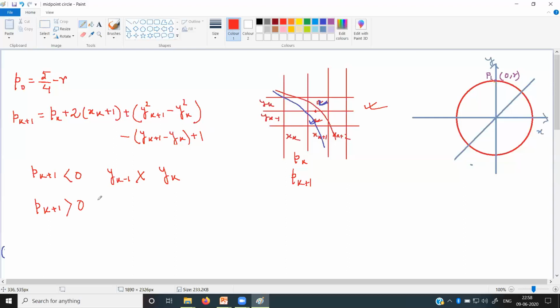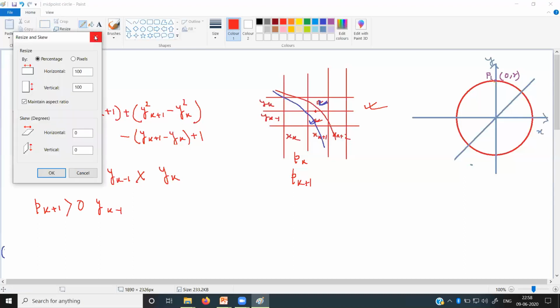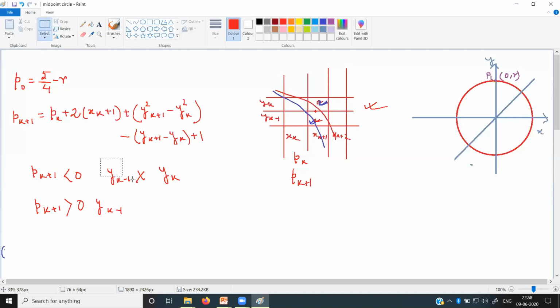In that case, you have to consider y of k minus 1. So, clear? Again, if p of k plus 1 is less than 0, we have to consider the y value as yk. Otherwise, we have to consider the y value as y of k minus 1.